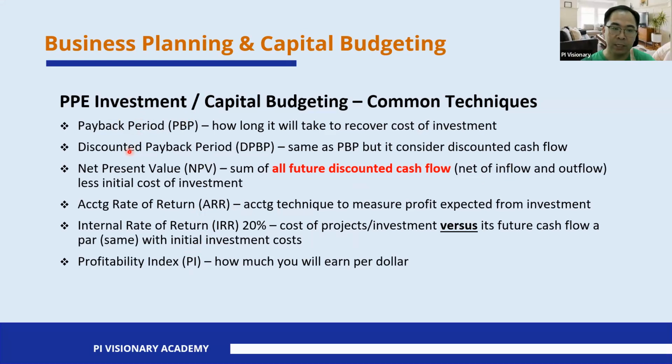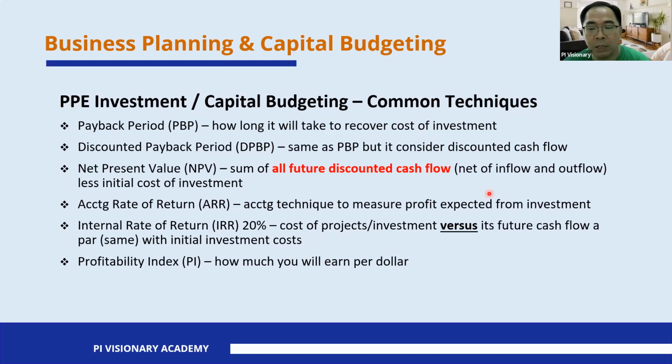I repeat, these are the 1, 2, 3, 4, 5, 6 common financial measurements used for capital budgeting to measure whether this investment in the new machine, after Guan Yan, you discuss with the production director to invest in this new machine, 50 million, is a go or no go decision.